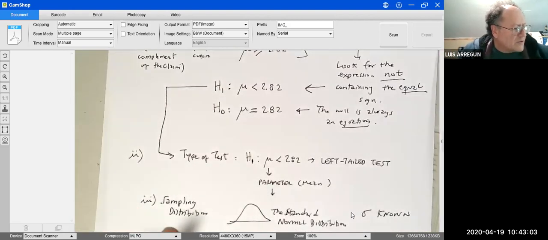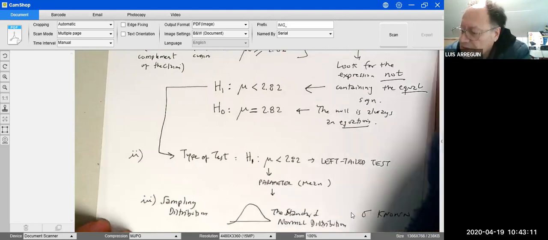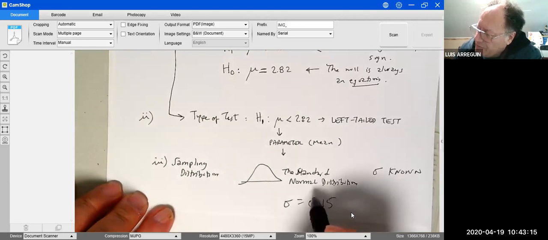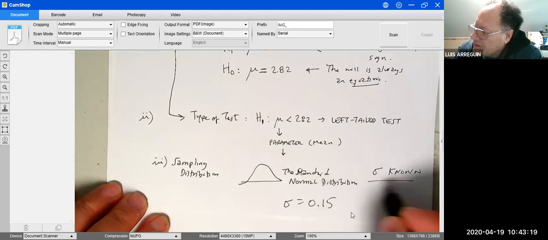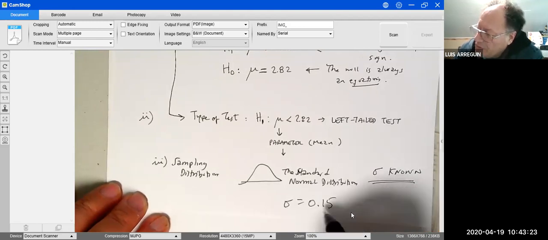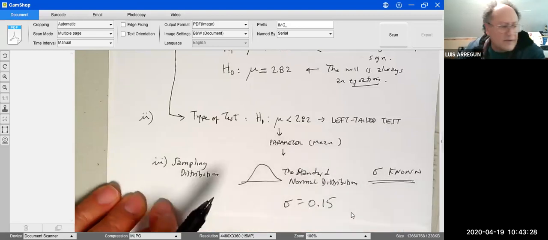The standard deviation is 0.15. So that's the reason for us to use the standard normal distribution, because the standard deviation of the population is given for this problem. So that's our third step.